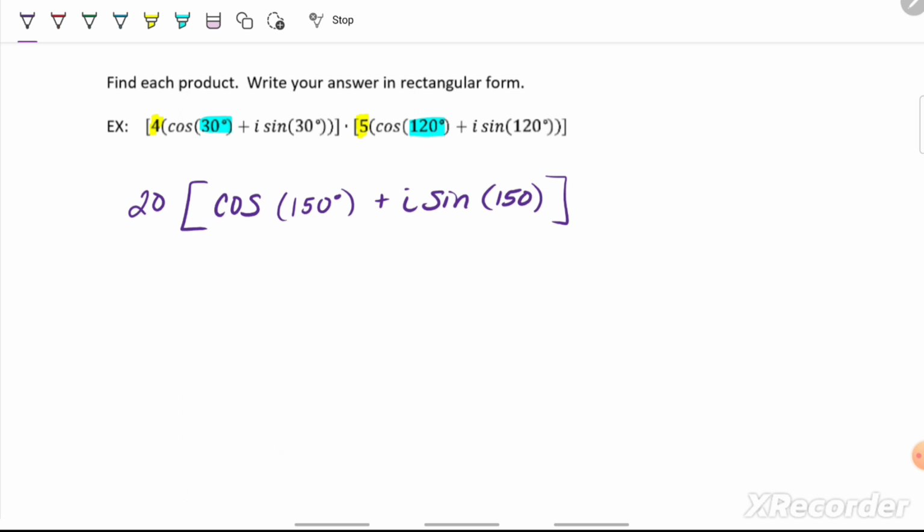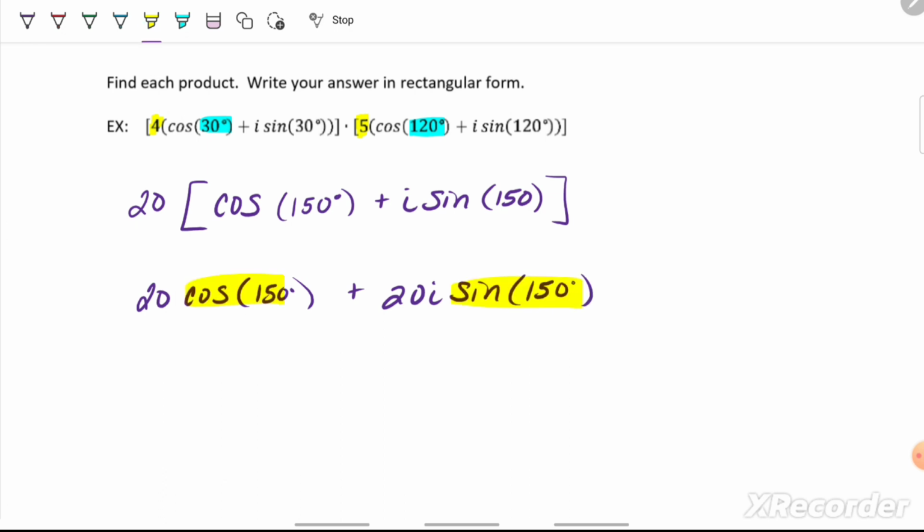So we're going to distribute the 20 and then find the actual trig values for cosine of 150 and sine of 150, plug them in, and clean it up. So we get 20 times cosine of 150 degrees plus 20i times sine of 150 degrees. And then we're just finding these two actual trig values.